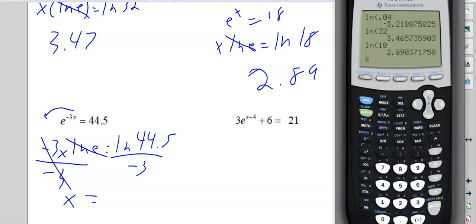But remember, use parentheses. So ln 44.5, close those parentheses, and divide by -3. Remember to use the little gray negative key. -1.265. The 5 tells the 6 to round up, so -1.27.